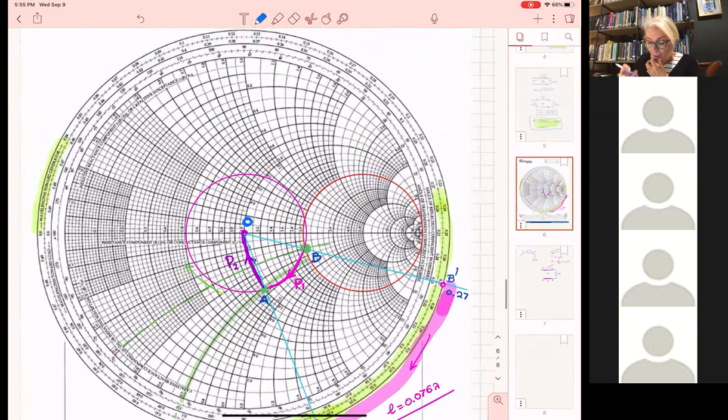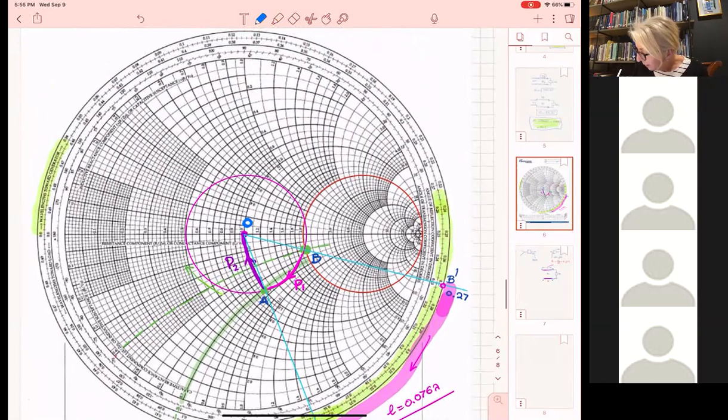So how am I going to find this? I'm going to start at this point. Now, what kind of a stub do you want? Do you want a short or an open stub? What do we do? Open? Open. If it's an open stub, what is the impedance going to be? Infinite. So the end of my stub is here.